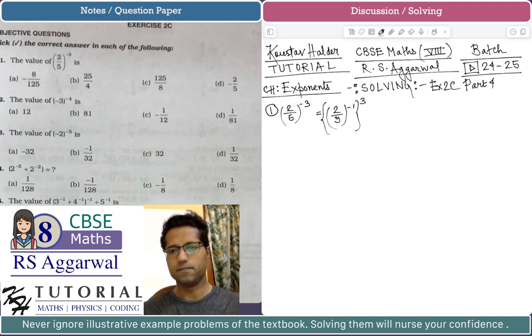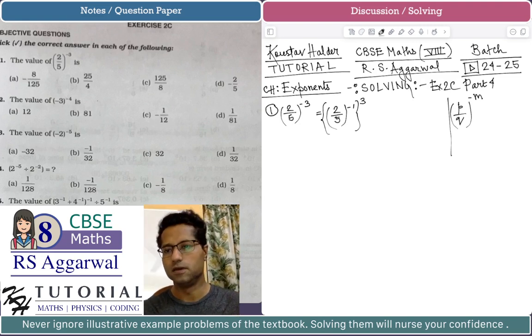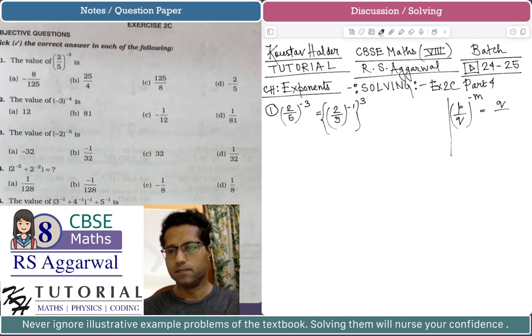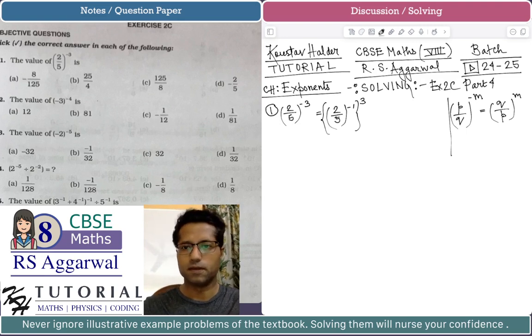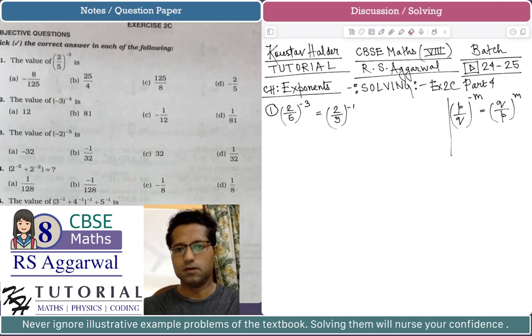We know that a rational number p by q raised to the power minus m, where m is a positive integer, is nothing but you take the reciprocal of the rational number, that is, you interchange the numerator and the denominator, q by p, and then you raise it to the power m. We know this from the laws of exponents.